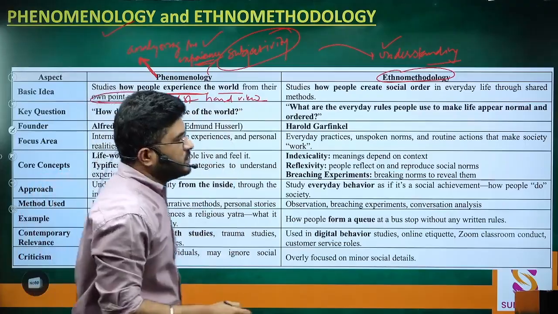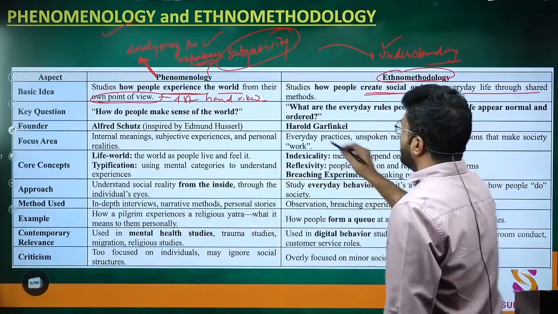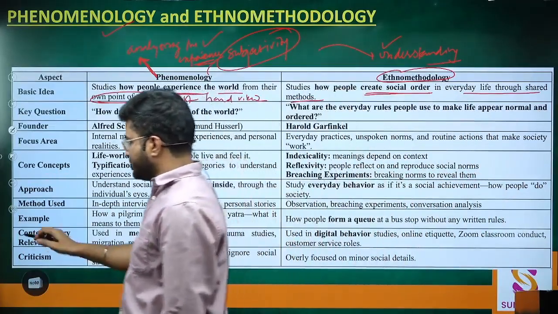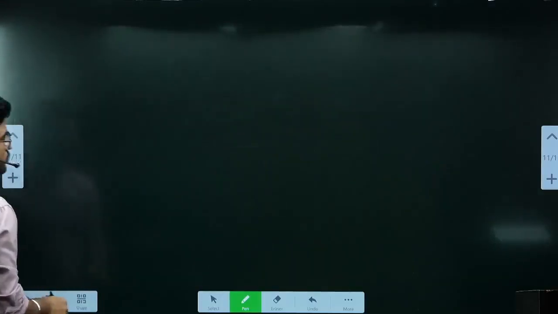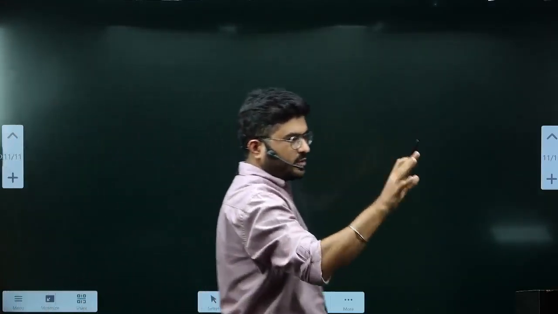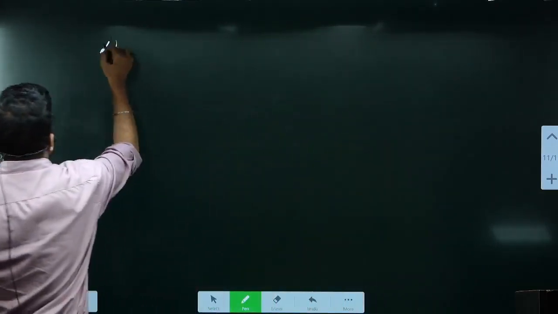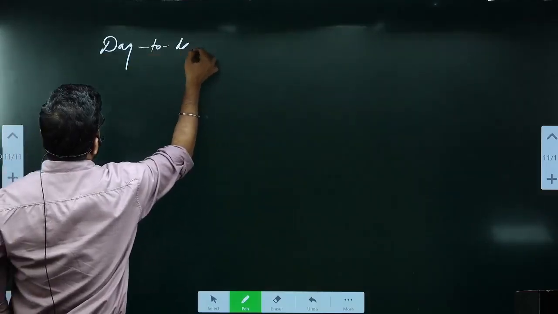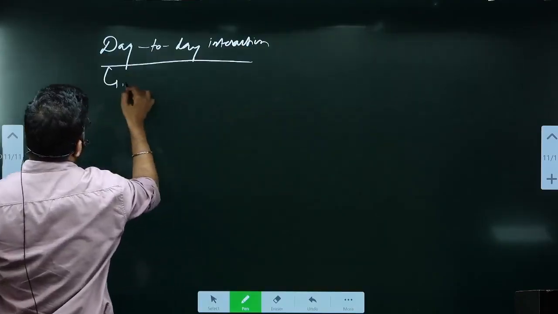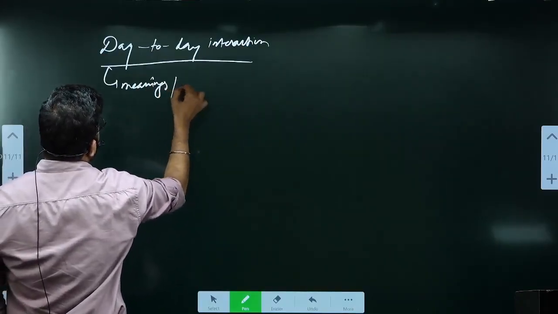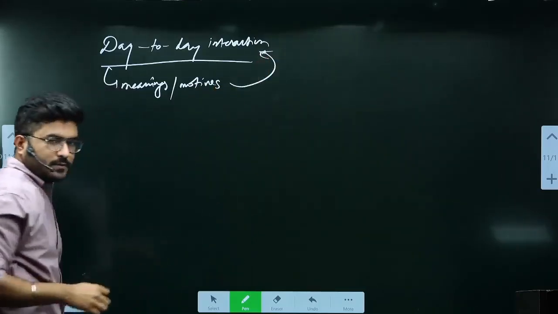Whereas ethnomethodology studies how people create social order in everyday life through shared methods. So this micro school of thought, the interpretative, symbolic interactionism, phenomenology, and ethnomethodology, they all talk about day-to-day interactions and how we attach meanings and motives in those day-to-day interactions.